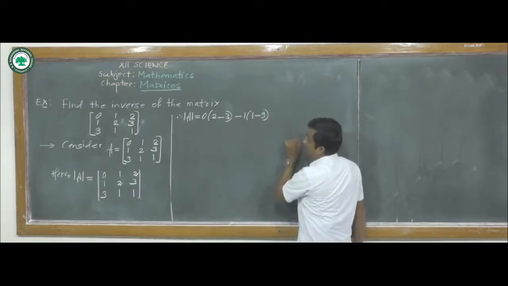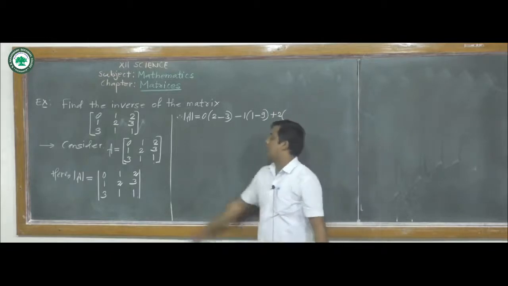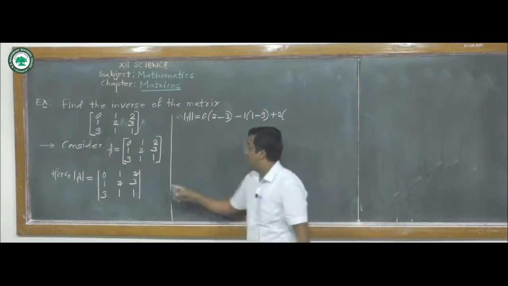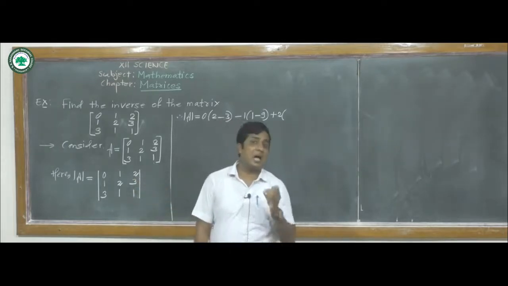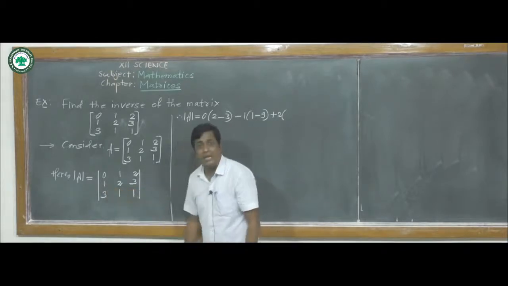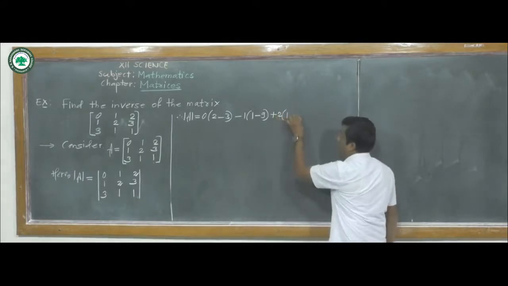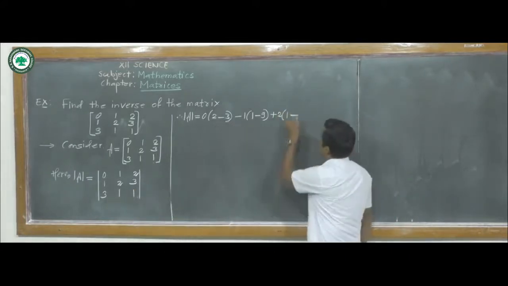Next with plus sign, the last element from the first row is 2, so 2 into bracket. The position of this 2 is the first row and last column, so the calculation is on the remaining elements. Here 1 into 1 is 1 with minus sign, 2 into 3 is 6.